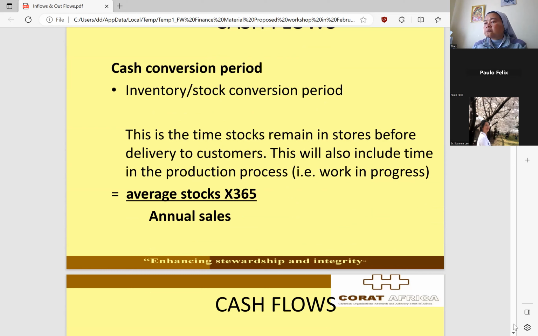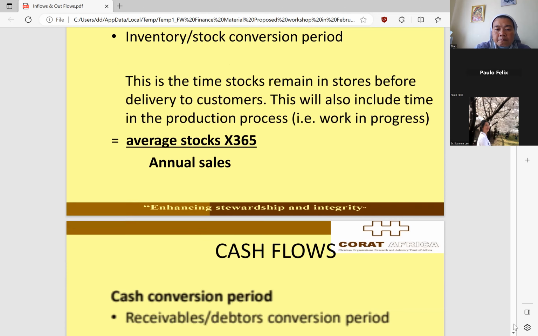So the formula is the average stock times 365 days, divided by annual sales. I was thinking maybe we go through, and then with the examples that I have at the end, we can come to understand these exercises and the formulas. So we can move to the next.